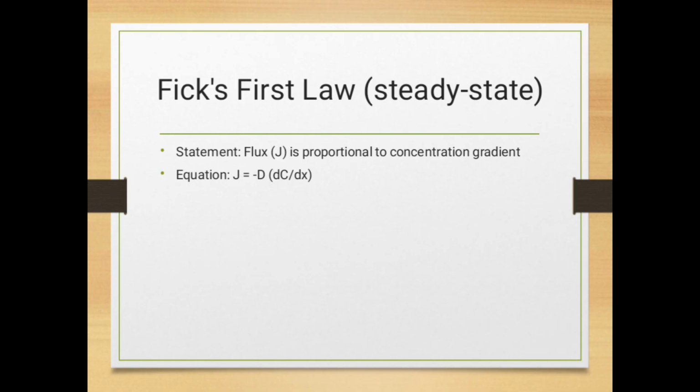This is also called Fick's first law, steady state. It is given by the equation J = -D dC/dx, where J is the diffusion flux, D is the diffusion coefficient, dC is the change in concentration of material, and dx is the change in distance.